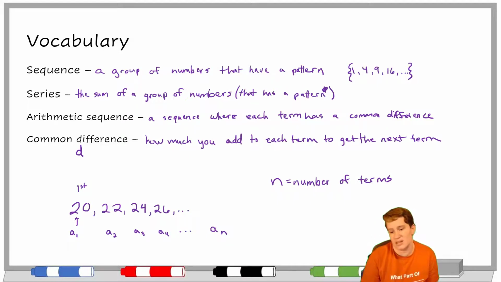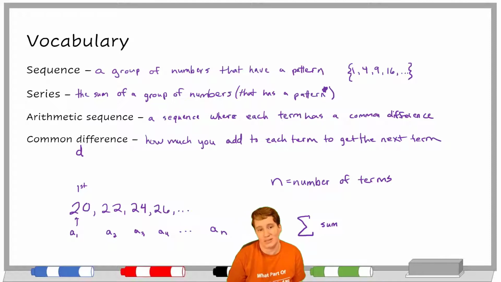There, we're going to see the Greek letter sigma right here, which is a symbol for finding the sum of something. So that's going to go along with the series.